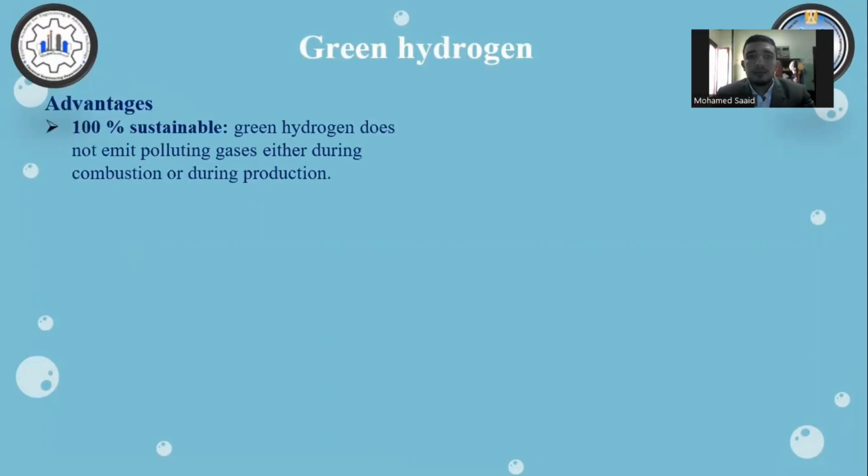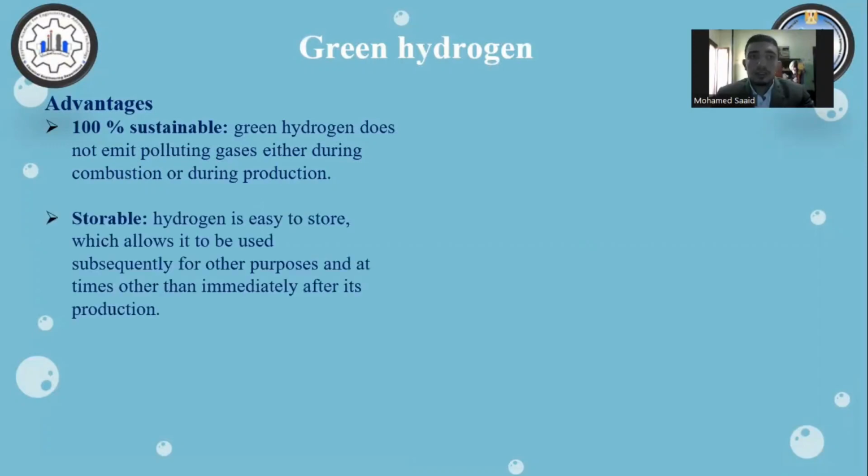The advantages of green hydrogen: it's 100% sustainable. Green hydrogen doesn't emit polluting gas during combustion or during production. It's a storable substance.